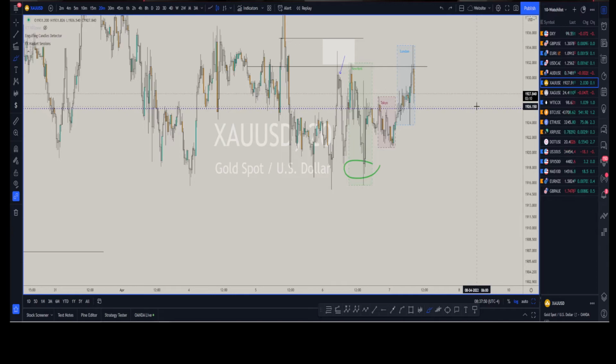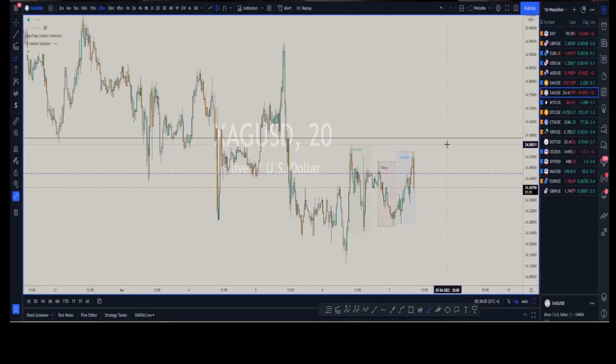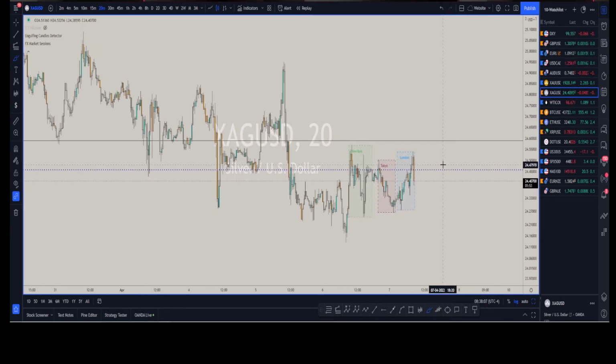It's been a couple of months I did not trade gold. I traded it yesterday. It's just the same thing, nothing changed. Look at this mess. Anyways, still looking for this down move. Silver, the same thing, still looking for this down move.